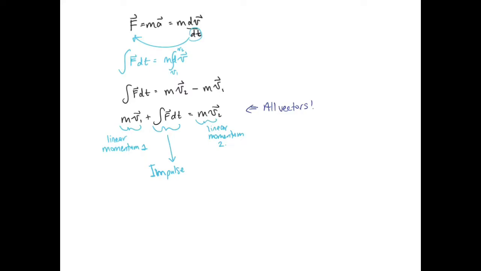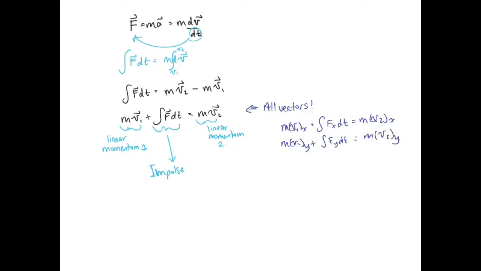So when we're doing the math of these problems, we're going to break them up into components. So we'll have mv1x plus the integral of Fx dt is equal to mv2 in the x direction, and then mv1y plus the integral of Fy dt is equal to mv2y.